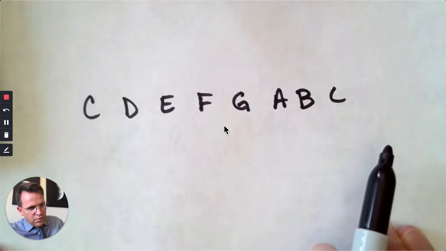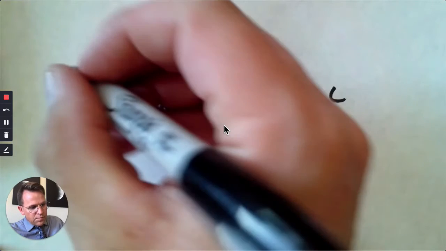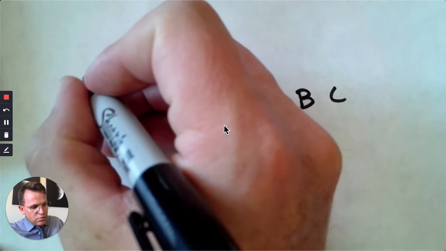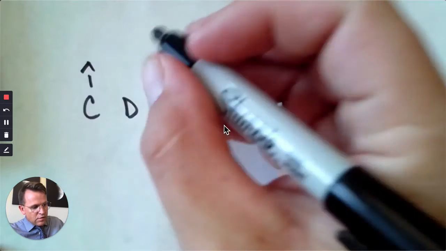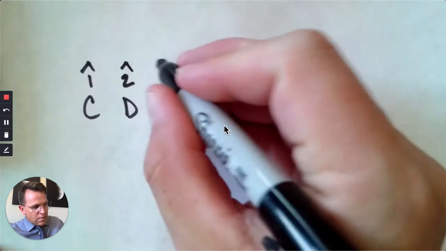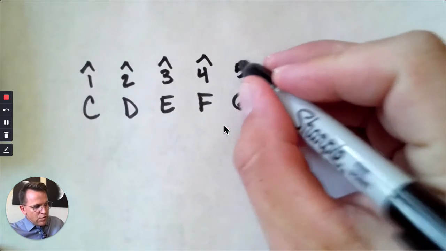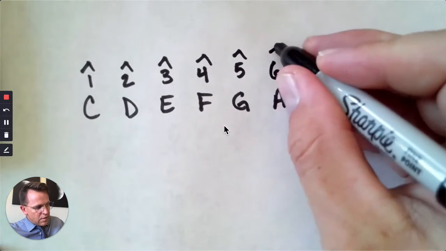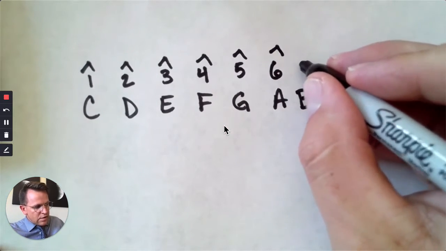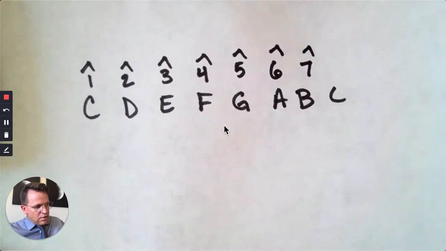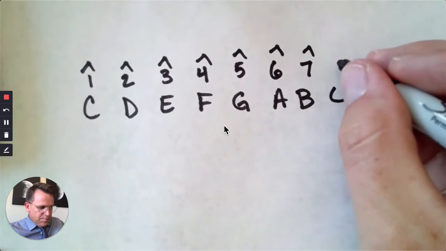So we could label those with a 1, a 2, a 3, and so on. We use this little caret above them to indicate that they are scale degrees. And then your 1 repeats up here.